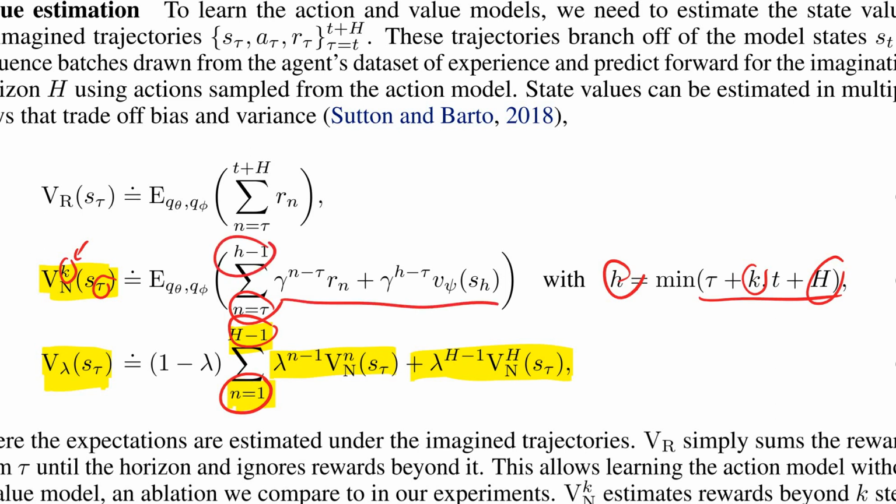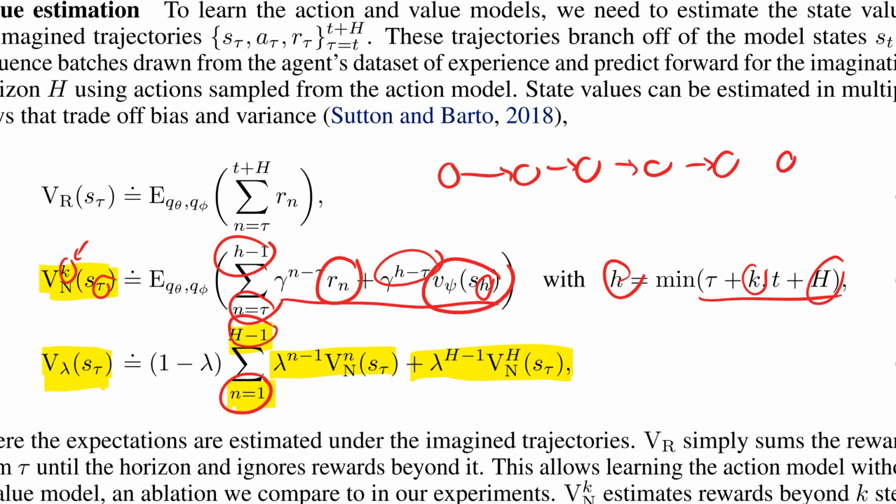And these quantities here, what is that? It's a mixture of the reward you get in that particular step plus your estimate of the value function at the horizon step, discounted by that. So if you imagine you have a number of steps that you took, and each time you get a reward, right?